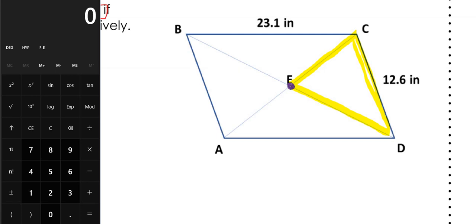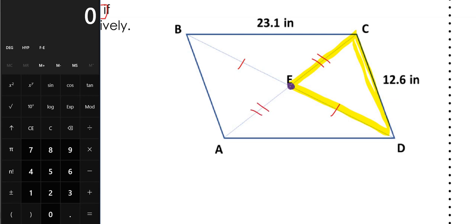So E is the midpoint for BD. It's also the midpoint for AC. So I'm going to put some tick marks in here to show that my diagonals are getting split in half. They're getting bisected. So BE is congruent to ED, and EC is going to be congruent to EA.